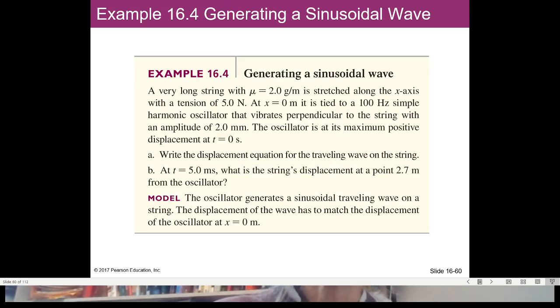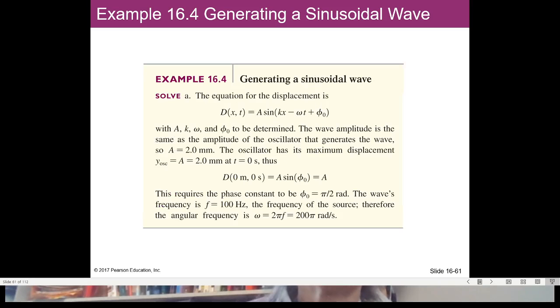Okay, so here's an example where you're generating a sinusoidal wave. We can write the displacement equation for the traveling wave in the string, and then plug in numbers to get the particular displacement at a particular x and a particular time. So there's the wave displacement for the string, and all you need to know is what these constants A, k, omega, and phi naught are.